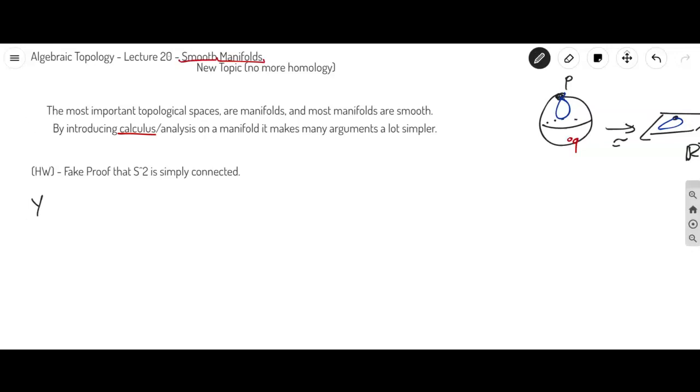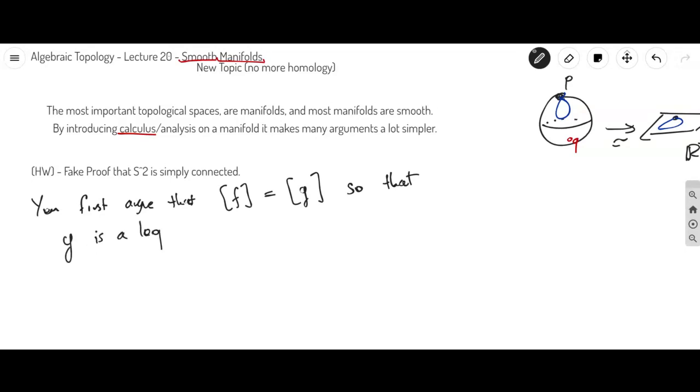You first argue that the homotopy class of F can be replaced by a different representative G, so that G is a loop at P, but G is smooth.